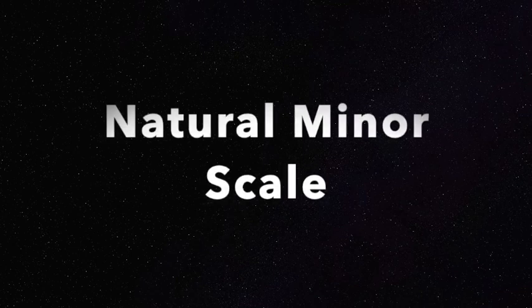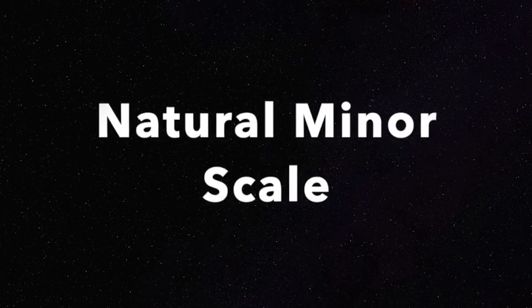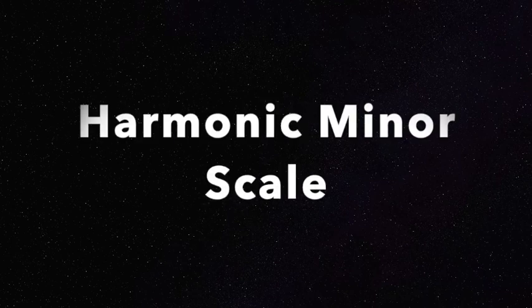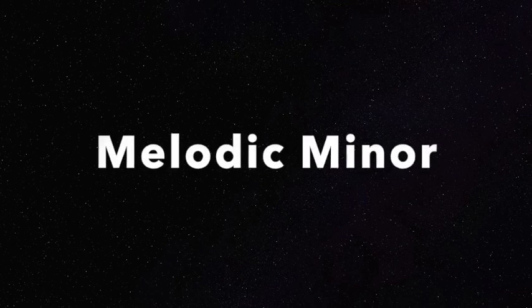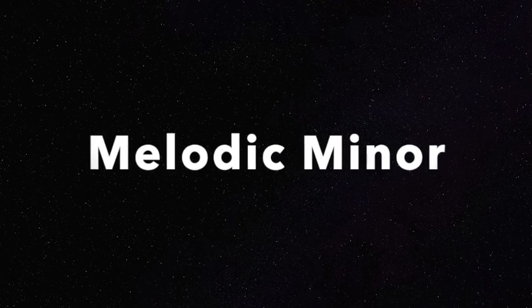This form of the minor is called the natural minor scale. The harmonic minor scale lowers only scale degrees 3 and 6 of its parallel major, whereas the melodic minor scale lowers scale degree 3 when ascending and scale degrees 3, 6, and 7 when descending.